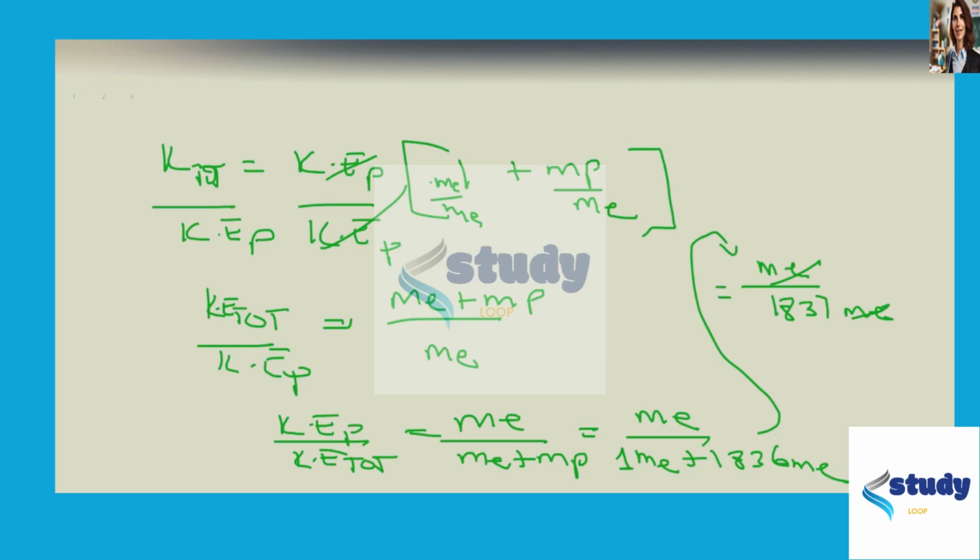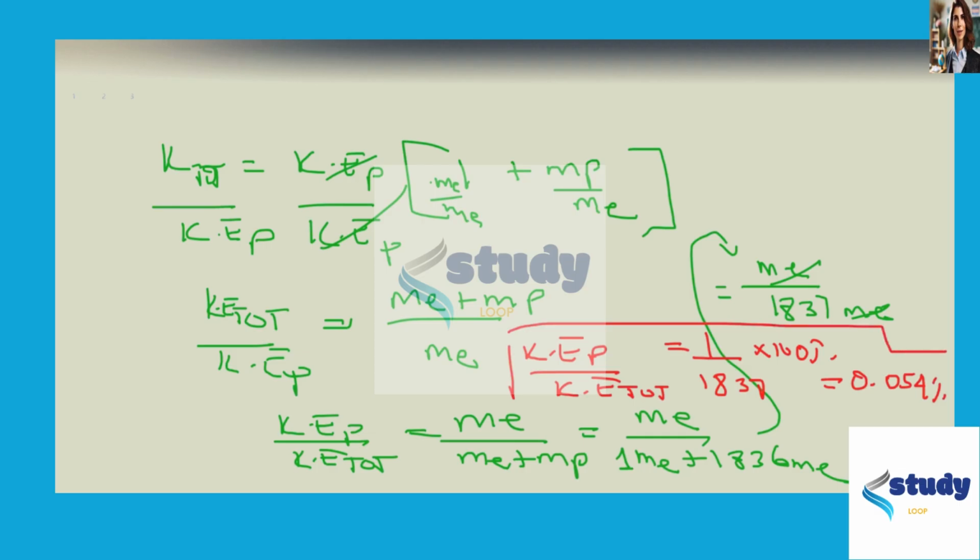And then finally we can say that the kinetic energy of the proton relative to the total kinetic energy of the system is 1 out of 1,837. If you multiply that by 100%, we see that the fraction is 0.054%.